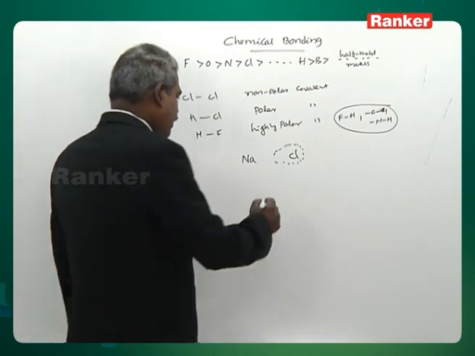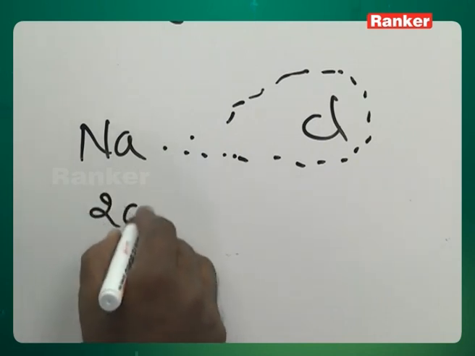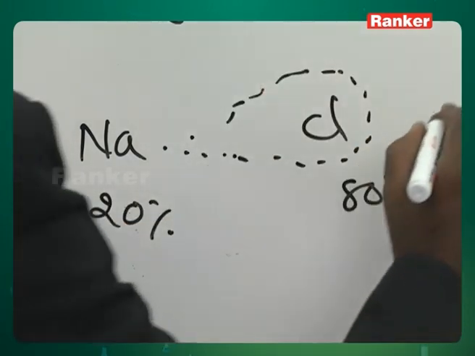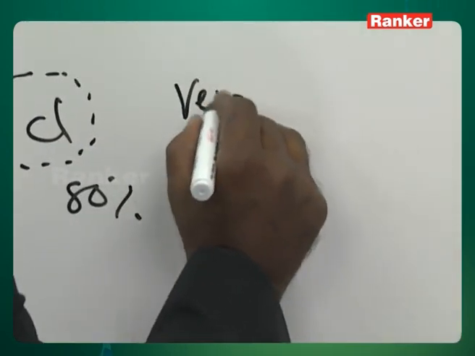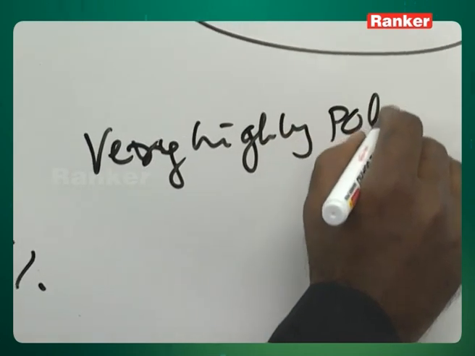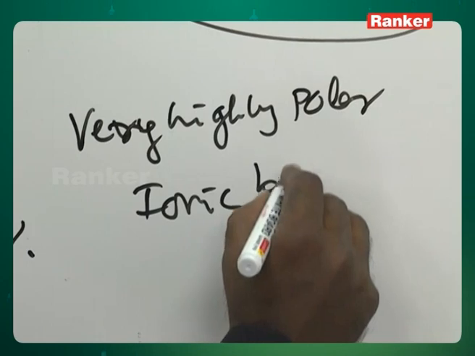They come back to sodium, but only for a very, very short time, say 20% of the time here, 80% of the time there. This is a very highly polar covalent bond, which we call an ionic bond.